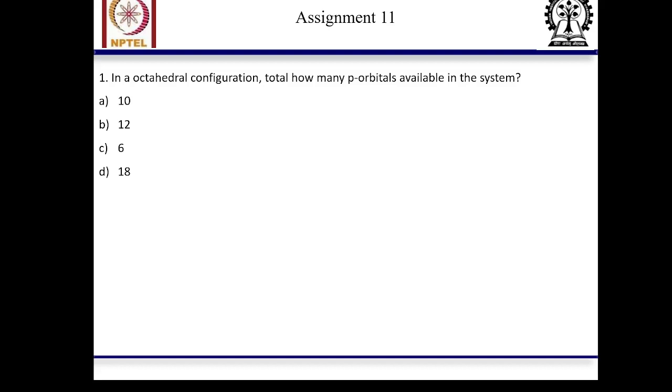Can you write in the chat box what the answer for question number 1 is? D, 18.